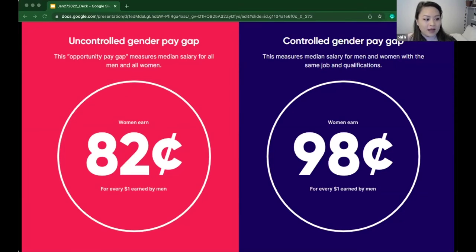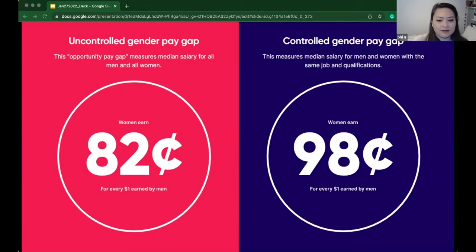You could ask, what does this actually mean? Because that is a huge margin, 82 cents versus 98 cents. The controlled pay gap offers a more accurate assessment. And for the statistics that you often see in the news and social media that are very clickbaity, you definitely want to understand the nuance between these things.